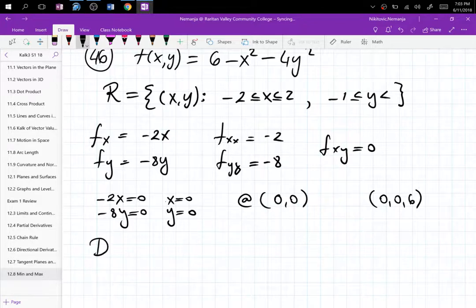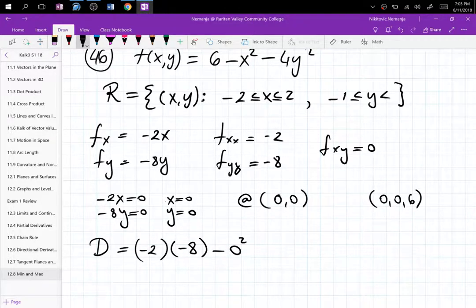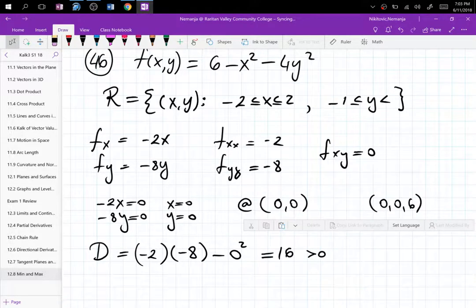So now big D is going to be negative 2 times negative 8 minus 0 squared, which is 16. Now, that's always bigger than 0. And what do we know when this is bigger than 0? Either a min or a max. So now we look at fxx, and fxx is negative.